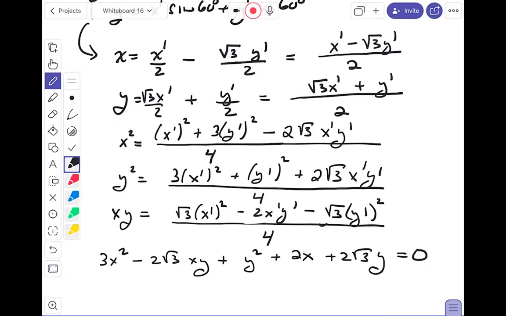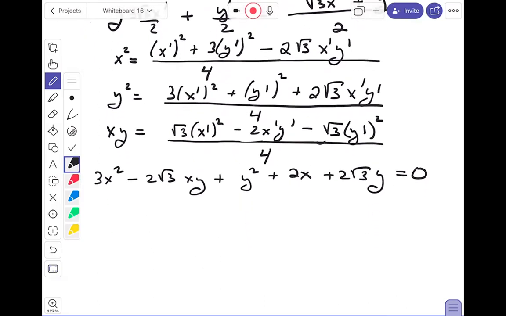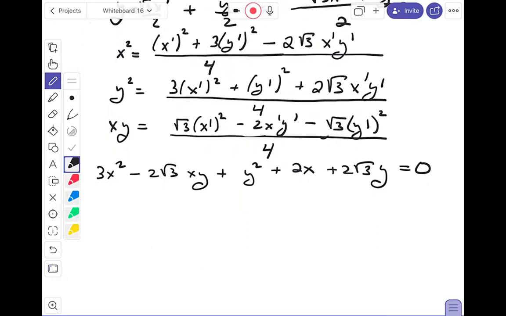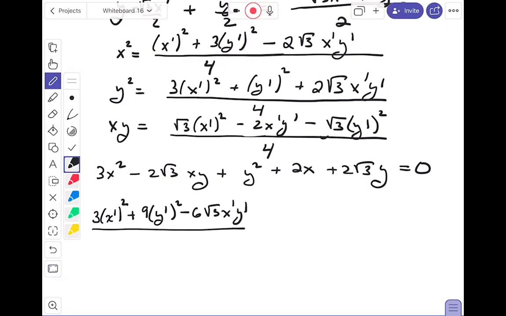See what happens. All right, see if we can do that. So let's write this down. I'm going to do 3x squared first. So it's going to be 3x prime squared plus 9y prime squared minus 6 root 3 x prime y prime over 4.